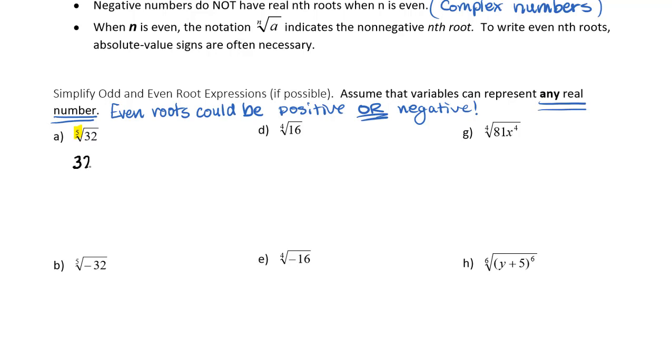If we think about how this factors, we would have 2 and 16, and 4 and 4. 4 factors to 2 and 2. So this is 2 raised to the 5th. So let's rewrite this as the 5th root of 2 to the 5th. This is equal to 2.